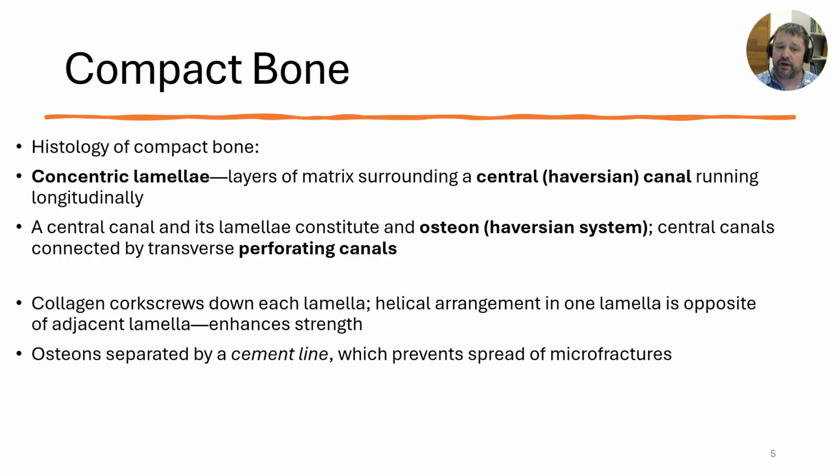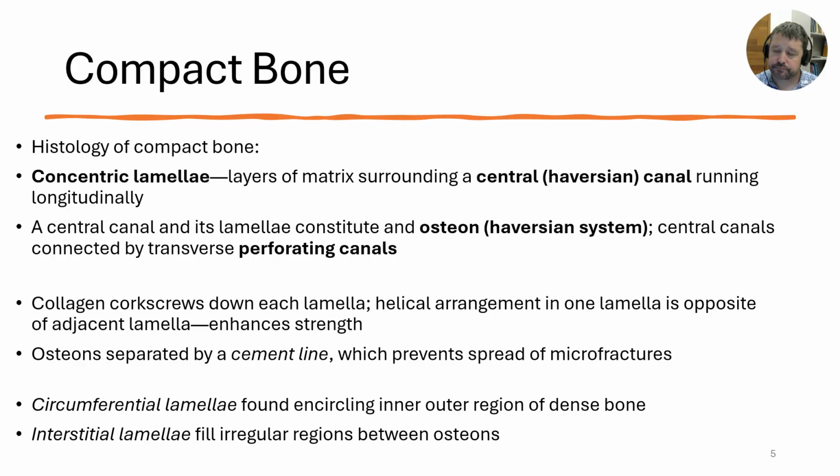And to help with that, on the outside of osteons there's what we call a cement line. That's a harder structure that prevents those microfractures from spreading. And then across the whole outside is a circumferential lamella that encircles the entire region, and interstitial lamellae fill the gaps between the osteons.